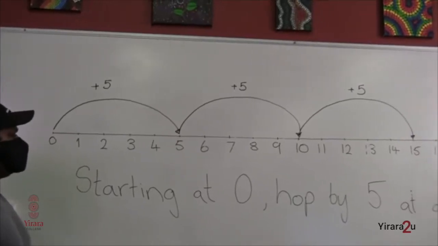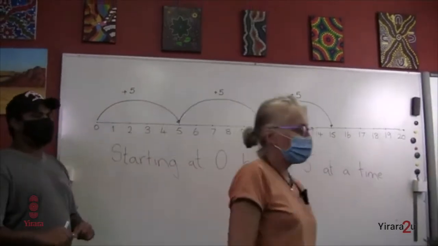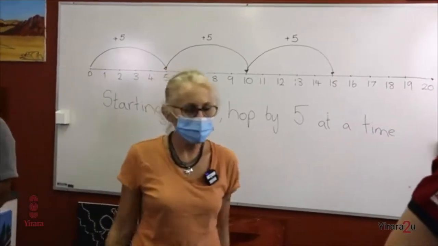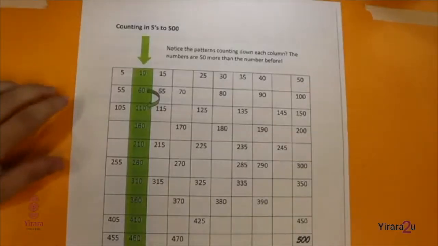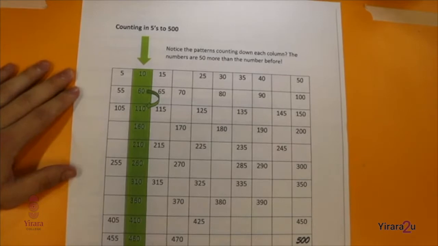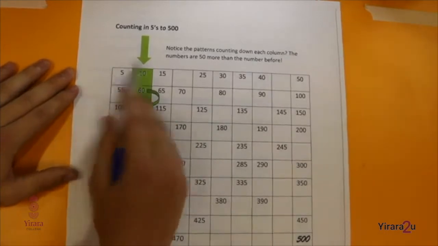Now, in your work booklet that you'll get in the mail soon, you have a page that's counting in 5s all the way to 500. Now Mr. Keegan's going to show you again how that's done, and we'll do the first row and the second row with you. Just like yesterday, we're going from the left all the way to the right.